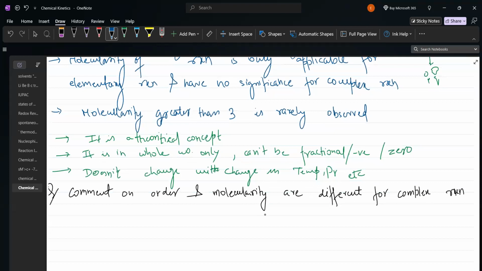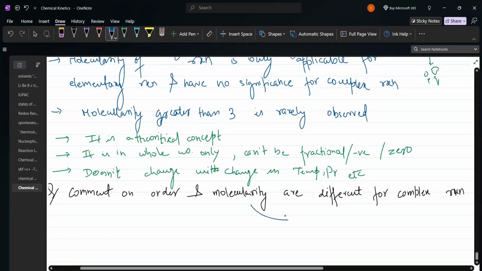As we have written here, for complex reaction it has no significance.